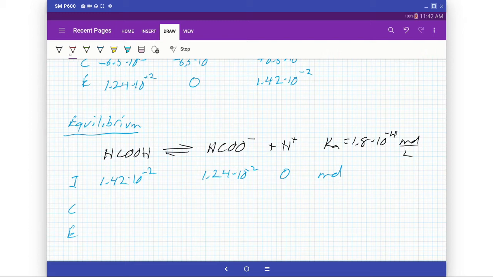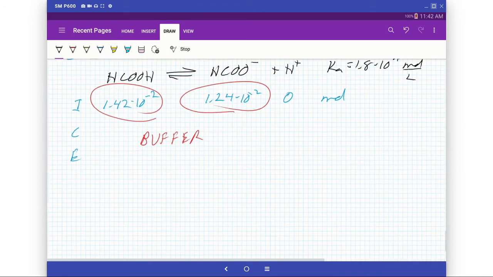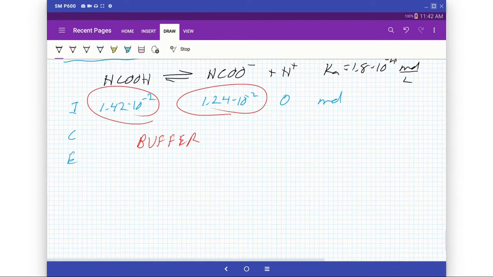Because we have some of the conjugate acid-base pair, we have a buffer. And we can use the Henderson-Hasselbalch equation to solve this equilibrium, then determine the pH.